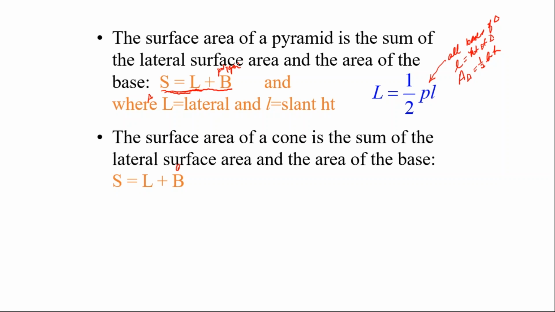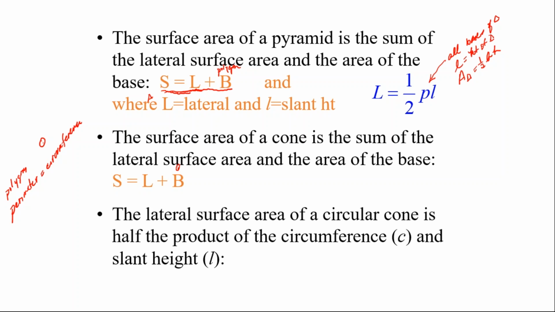So we got to think about, again, a circle, perimeter for polygons, circumference for circles. Kind of means the same thing. So my lateral would be 1/2 CL, where L is the slant height.